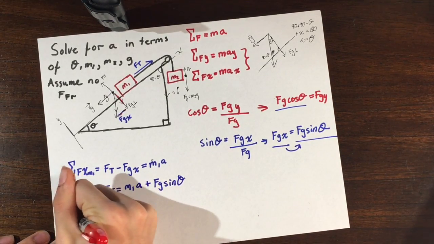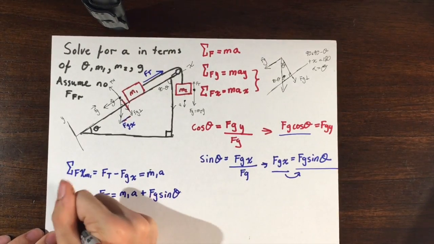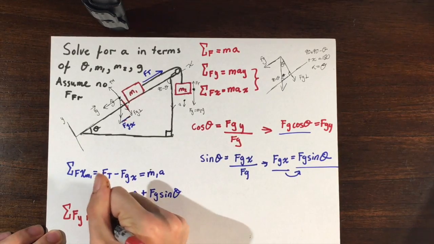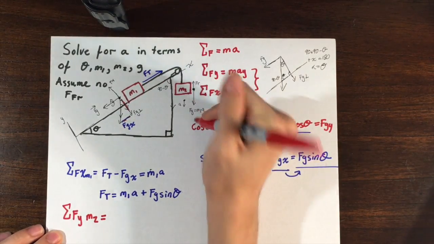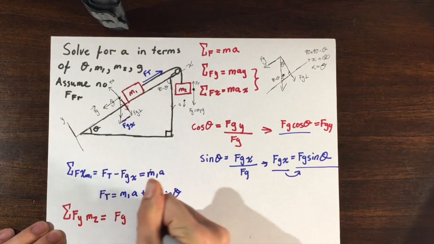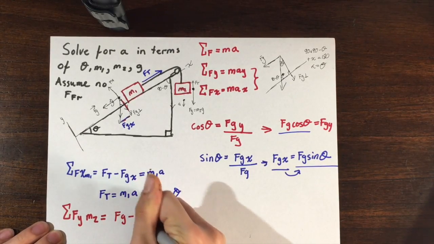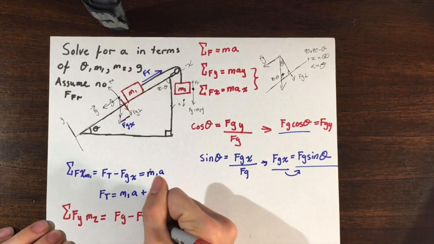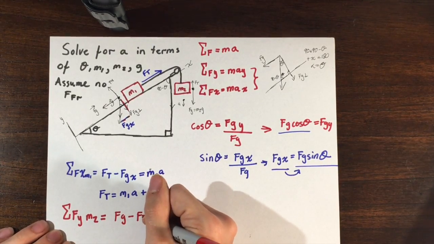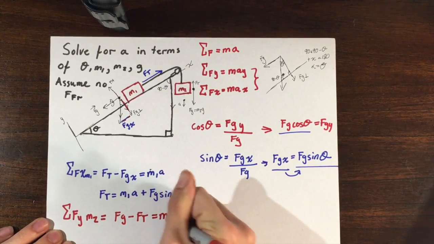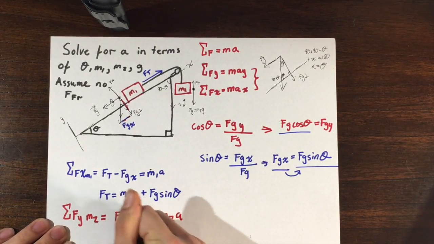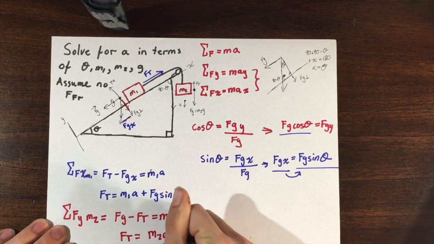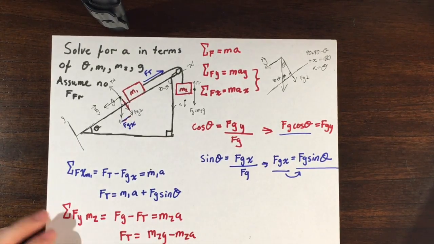We have the summation of forces in the y for mass 2 equal to force gravity minus force tension, again for the same reason: force gravity is in the same direction as the acceleration, so force tension, which is impeding, is subtracted, equaling m2a. So we have force tension equals force gravity, which is m2g, minus m2a.